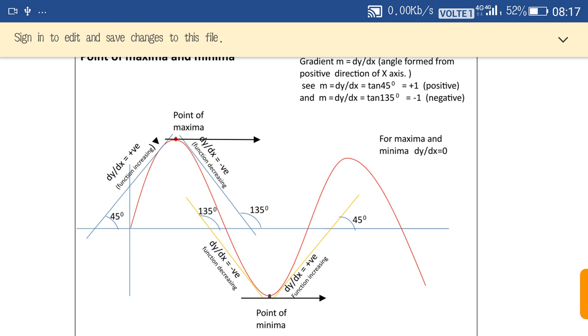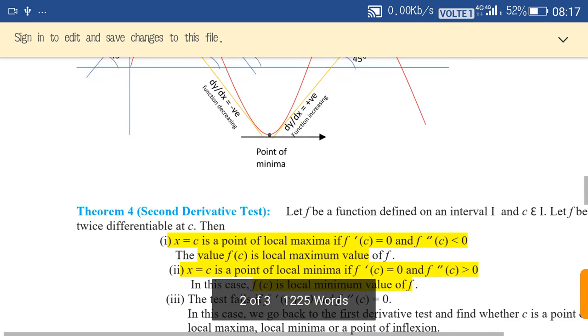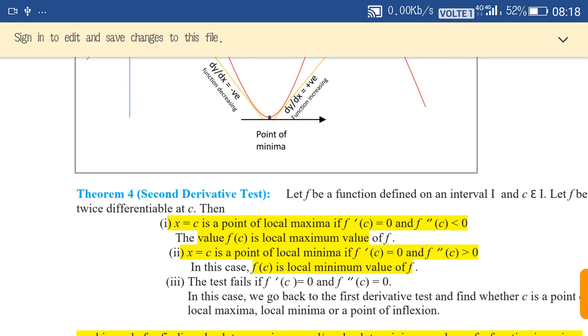If both are positive or both are negative, then we say that the function has neither a point of maxima nor a point of minima. It means before and after, the sign of f dash must change to get a point of maxima or minima. This concept is taken in the first derivative test.